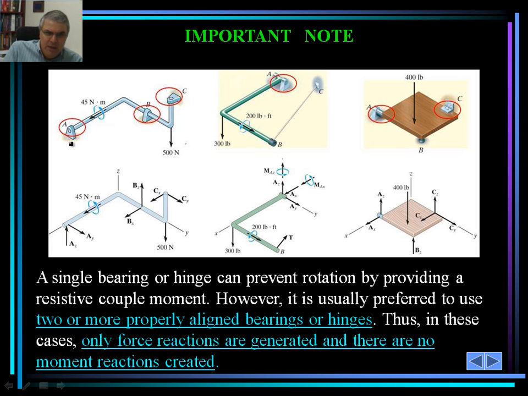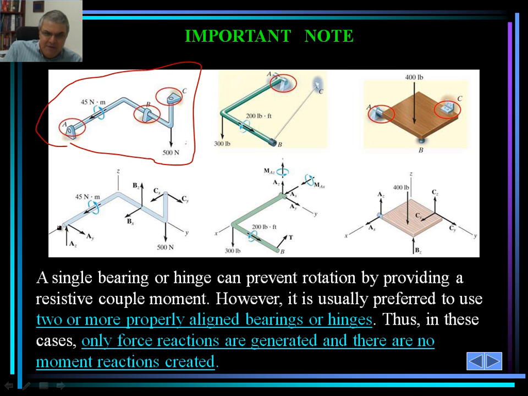Take a look at the first case up here, the one that supports a 500 Newton downward force and a moment of 45 Newton meter, the moment that's shown here. If you want to draw the free body diagram of such a situation, at C there will be C sub x and C sub y, and A would be A sub x, A sub z, and A sub y, depending on the reactions and whichever direction it is prevented.